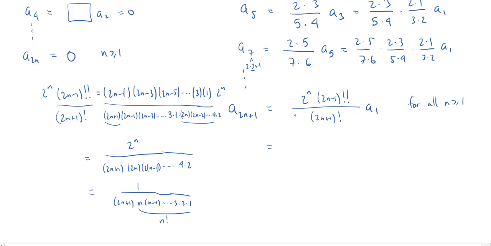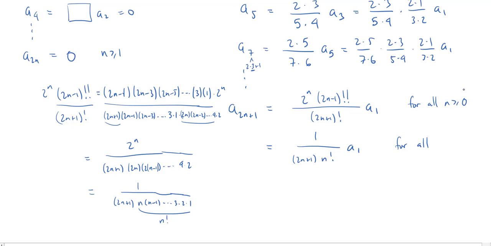So actually I can simplify this as 1 over 2n plus 1 times n factorial, and then still times a1, for all n at least. We said 1 here, right? But this is actually true for 0.